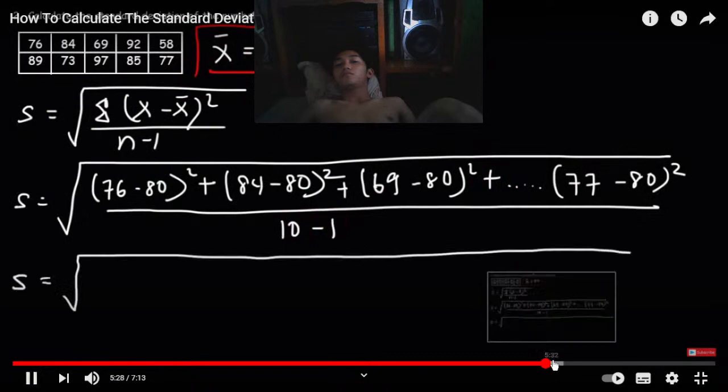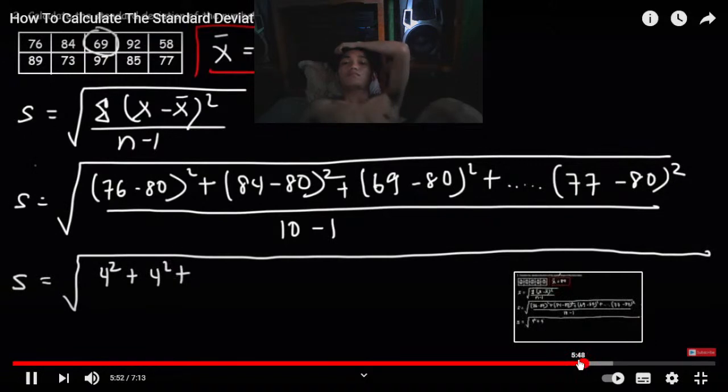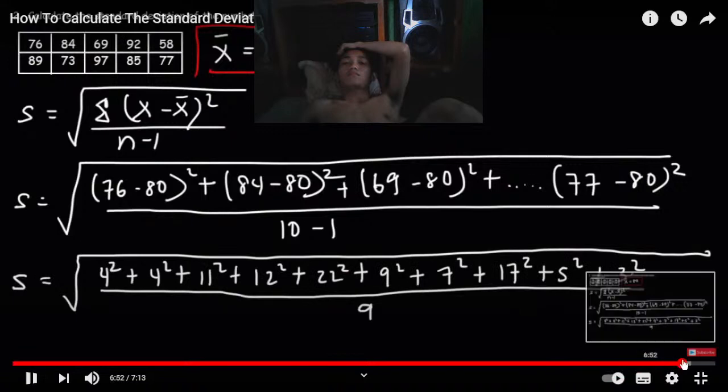So that's going to be plus another 4 squared. 69 is 11 units. So now the difference is the square root.